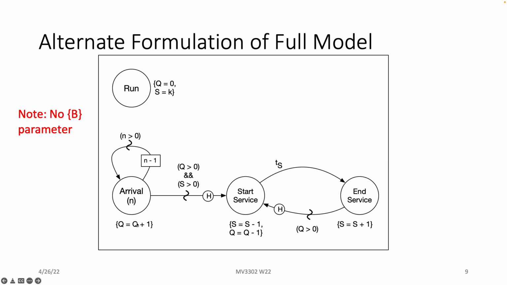The way that model looks is this: now we have an arrival event which has an argument. Its argument now is not the index, but the number of customers in the batch. So now, instead of the start service events sort of spinning, we have the arrival event spinning.